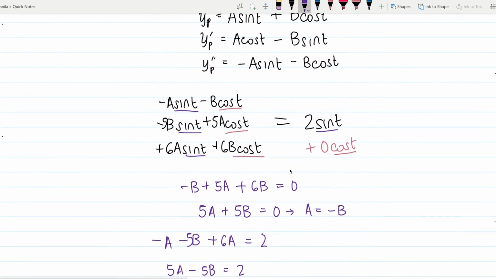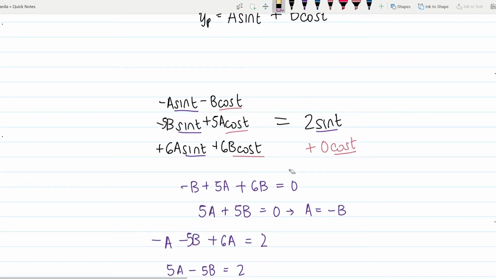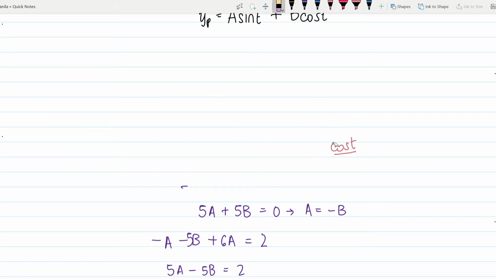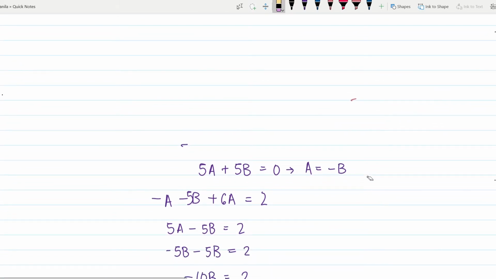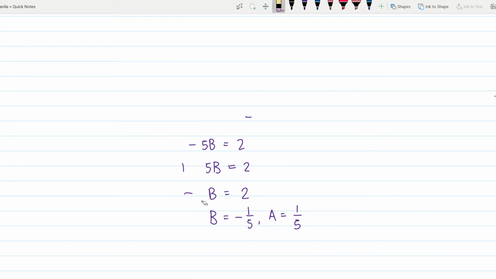Alright? And so, finally, we have this general equation. I should have kept track of what we were doing. Anyway, so our a is 1/5, our b is minus 1/5.